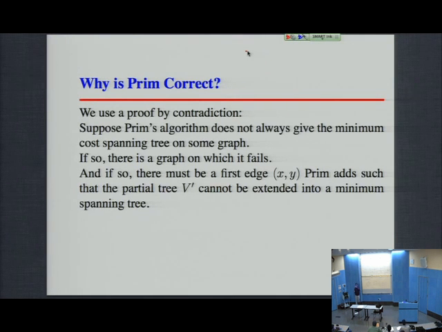Any questions here? That's kind of how I would write it up. And again, read the book to see exactly how it is written up. Any questions? Okay, this is actually an important point. Prim's algorithm is provably correct.